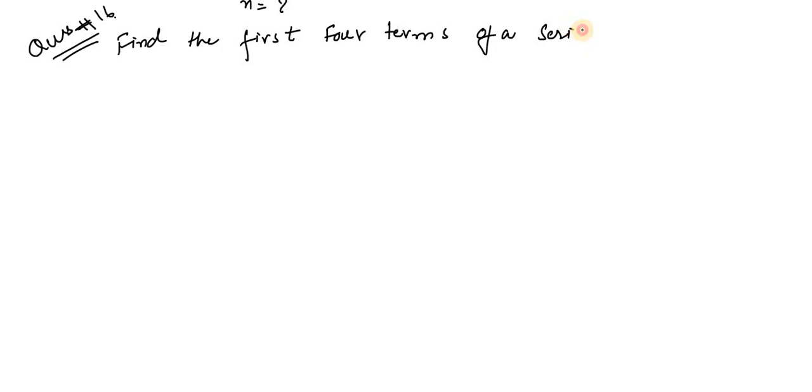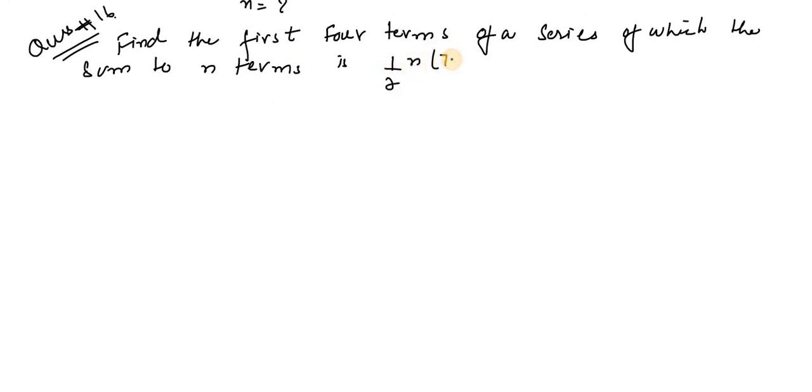In question number 16, find the first 4 terms of a series of which the sum to n terms is 1 upon 2 times n times (7n minus 1).